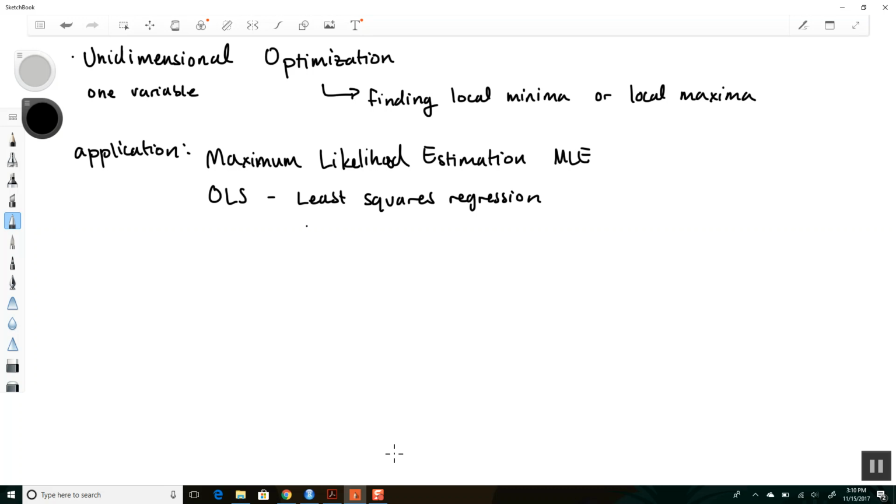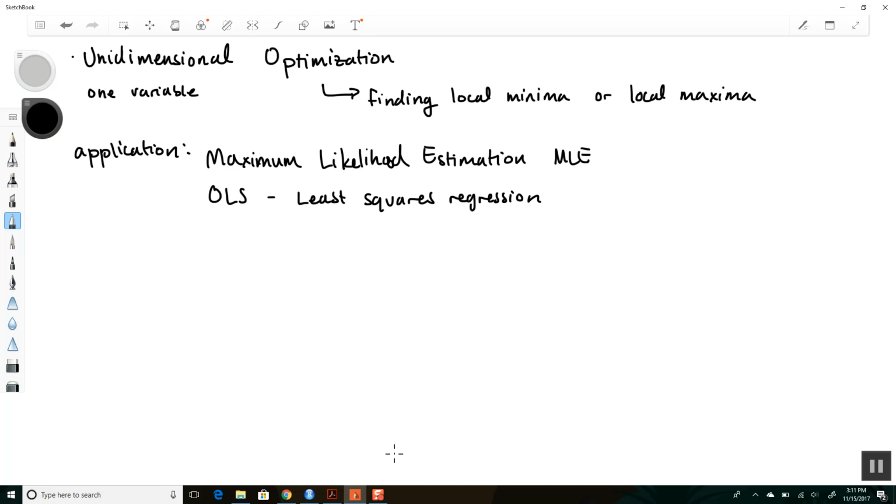We're trying to find the value that provides a minimum. Here we're trying to maximize something, here we're trying to minimize the squared residuals, right? So these are common uses of optimization. All right, so let's take a look at maximum likelihood estimation.